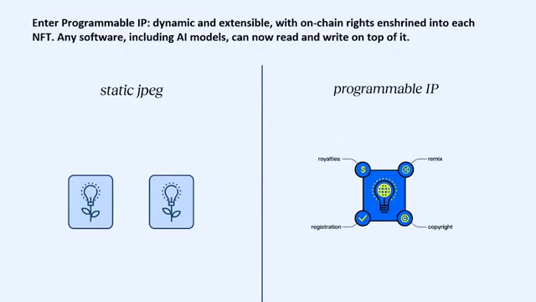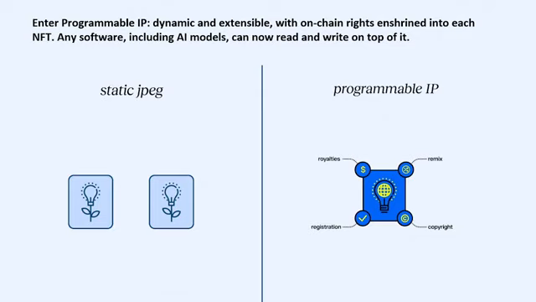So because of that, we came up with the programmable IP layer, programmable IP, which is dynamic and extensible, with on-chain rights enshrined. And it allows any software, including LLMs, to interface with these NFTs and permissionlessly, frictionlessly extend these IPs, right?